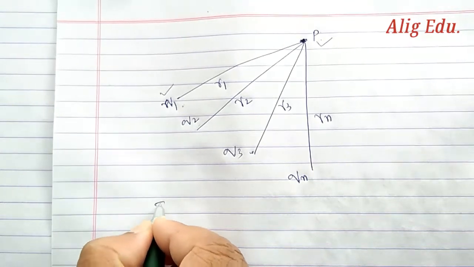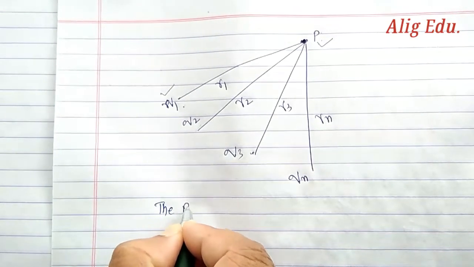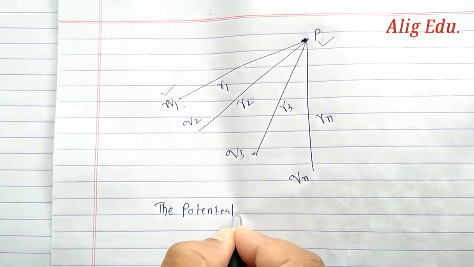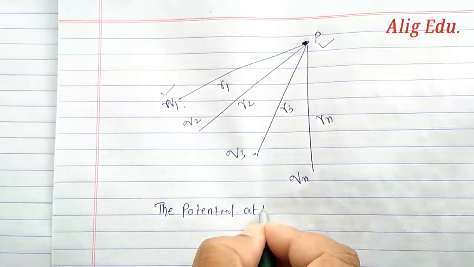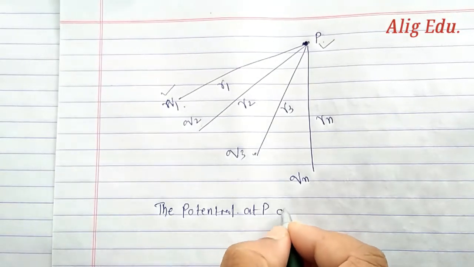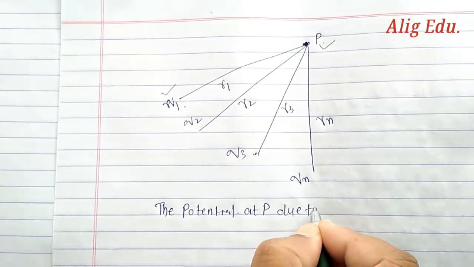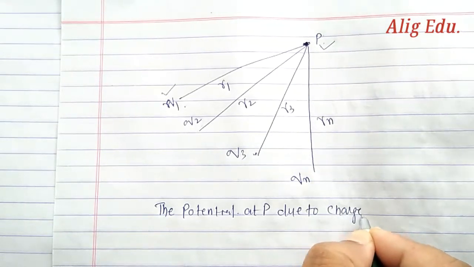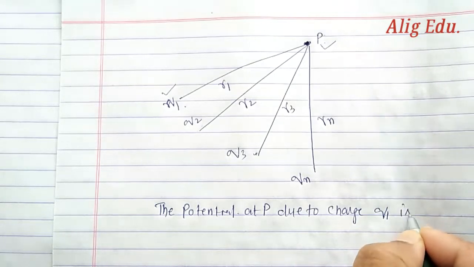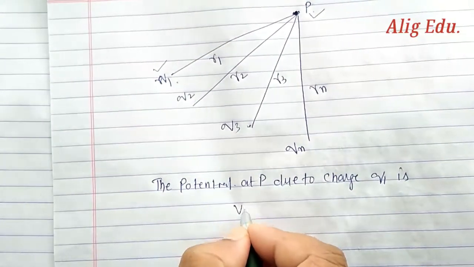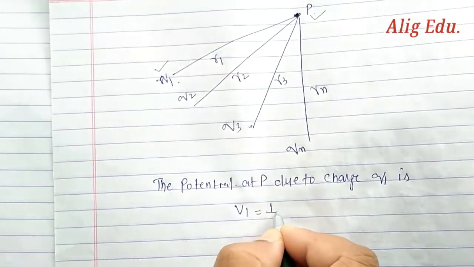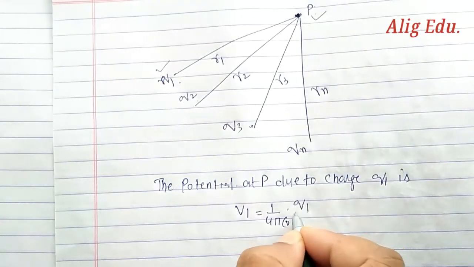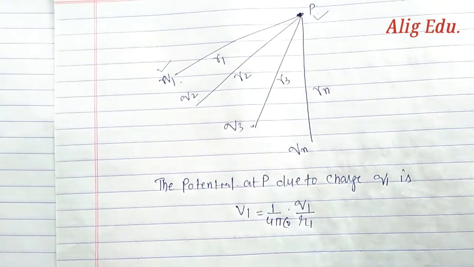So the potential at P due to charge Q1 is given by V1 is equal to 1 upon 4 pi epsilon naught Q1 upon R1.